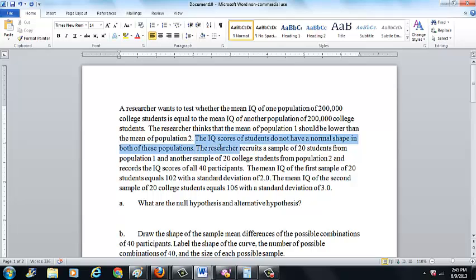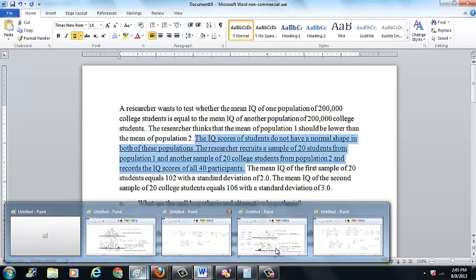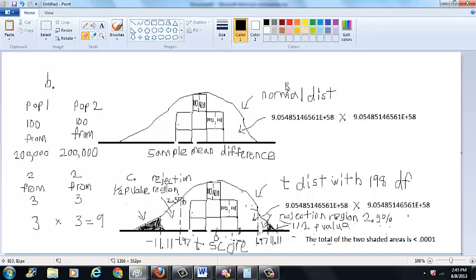And it later goes on to say that the two samples only include 20 people each. So we're not sampling from normal populations, and our sample sizes aren't 30 or larger, which means that since neither of those are true, the shapes in part B and C won't be the right shapes. We won't have a normal shape in part B with the sample mean differences, and we won't have the t-distribution curve in part C.